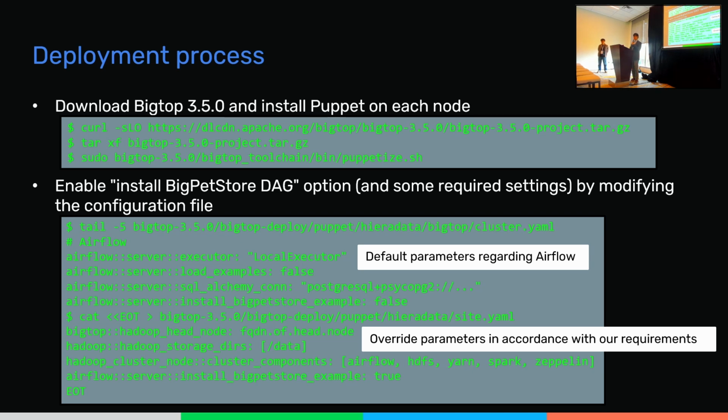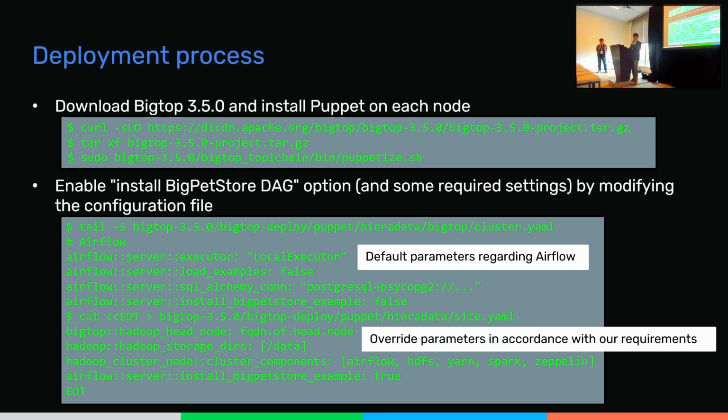We can deploy those components to the cluster in a few steps. First, download and extract the latest version of Bigtop tarball and run a script to install Puppet on each node. Then rewrite the configuration file to specify installation settings, such as which software to install or which parameter to override.